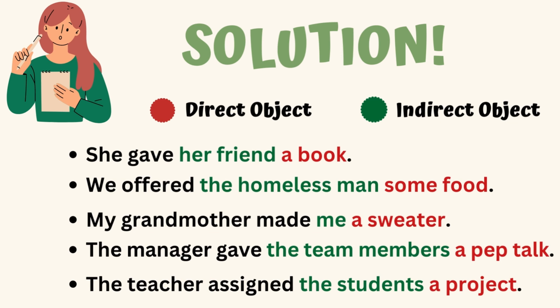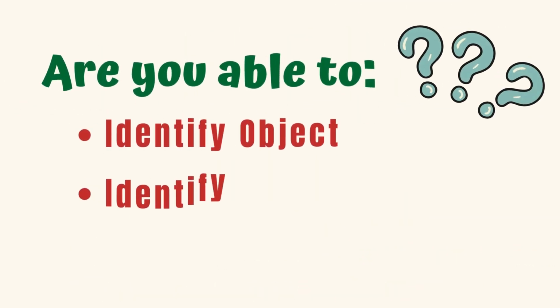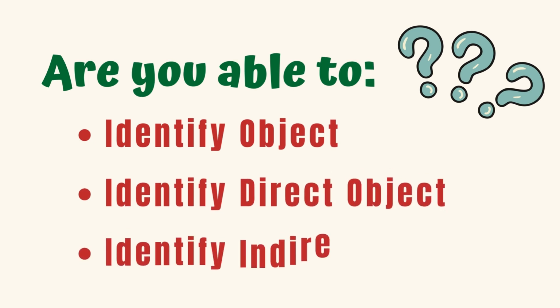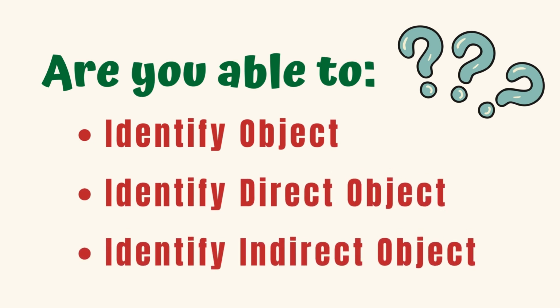So the red ones are direct objects and the green ones are indirect objects. I hope that you have got the concept clearly. To check this, ask yourself: were you able to identify the object, and could you differentiate between direct and indirect object?